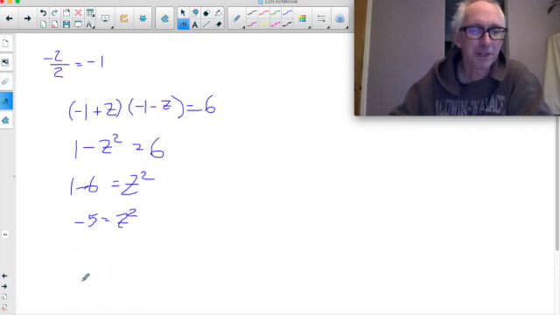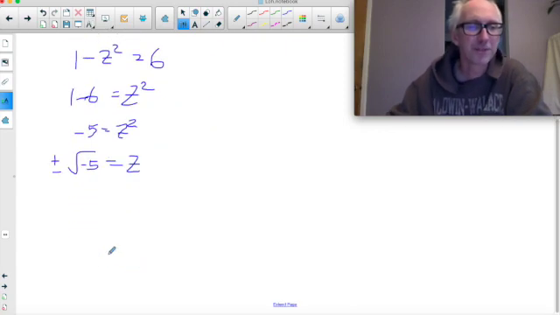I apologize, my handwriting's a bit messy here. It's hard to write. Now we're going to take square root of both sides. All right, so now we have a negative inside the square root, which will mean our answers will be complex or imaginary. We took the square root of both sides, so don't forget plus or minus.